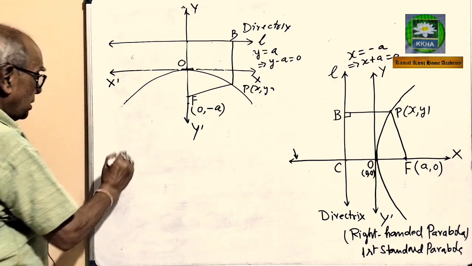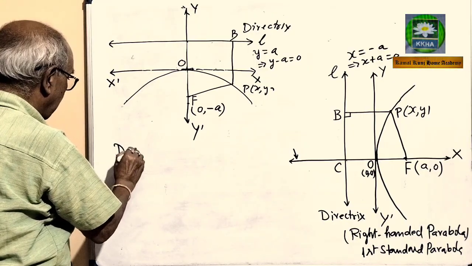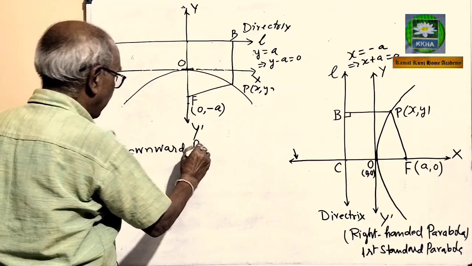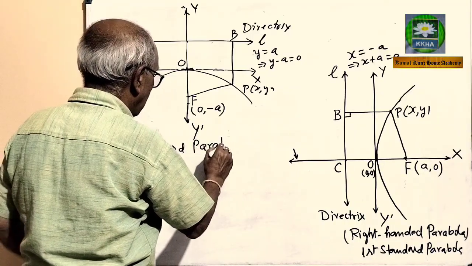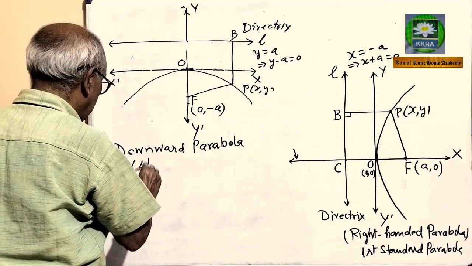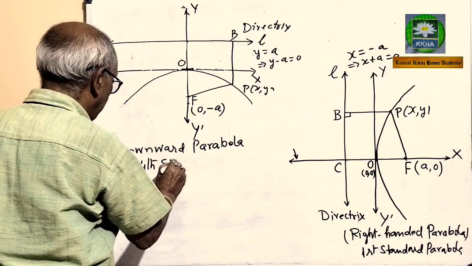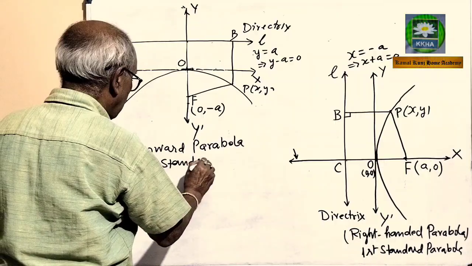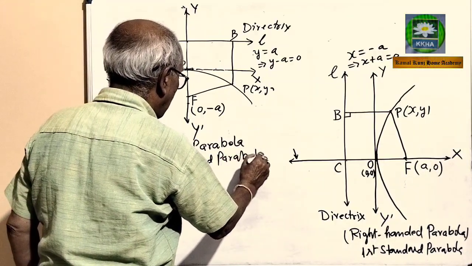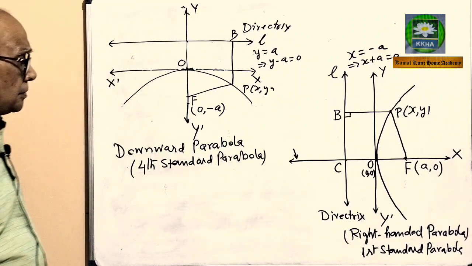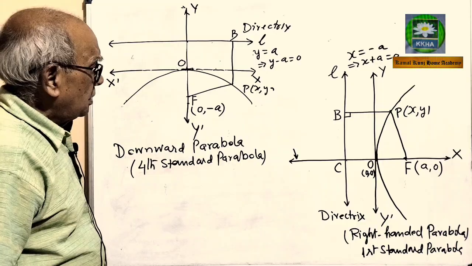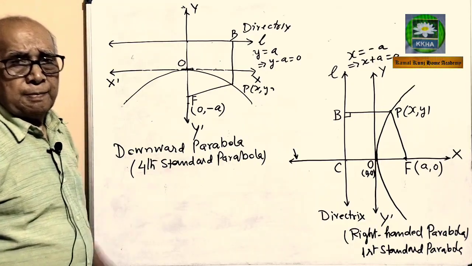So this is the downward parabola, or fourth standard parabola. These are the four categories of parabolas.